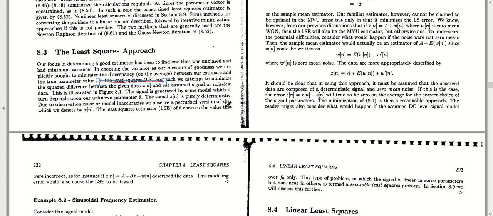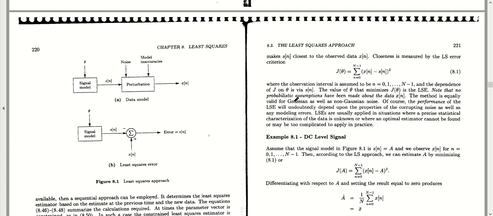Sometimes we call it noise, but sometimes we call it perturbation. So we observe a perturbation of Sn, which we denote by Xn, and the least square estimate of theta chooses the value that makes Sn closest to the observed data Xn.